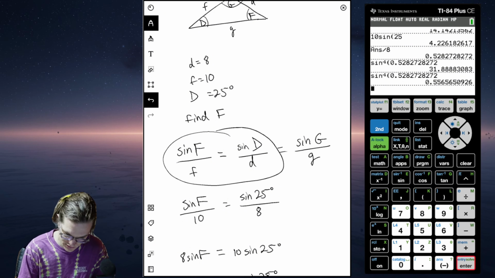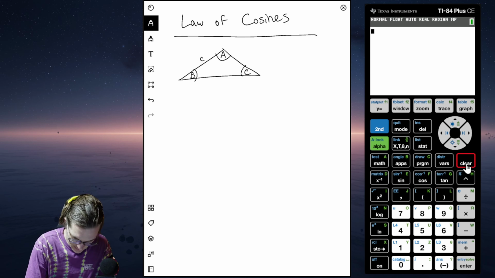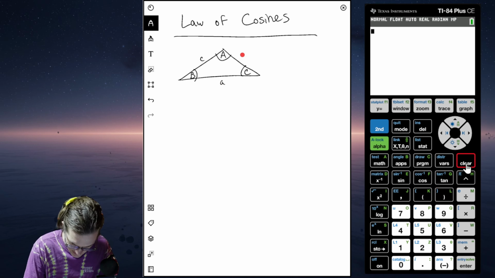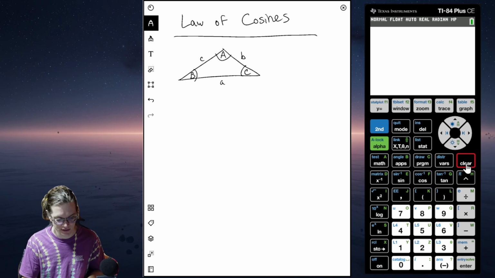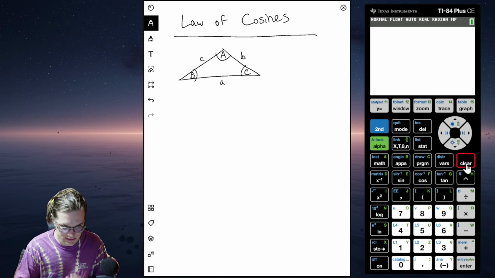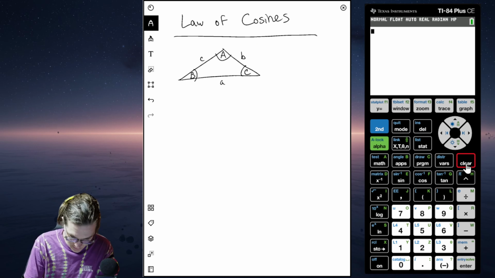When you want to find, say, this angle C, we're doing something similar to the setup for the law of sines, but this one takes a little more algebra and toying around with it to get it where you want it to be.